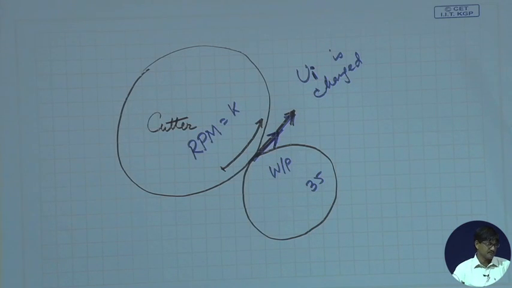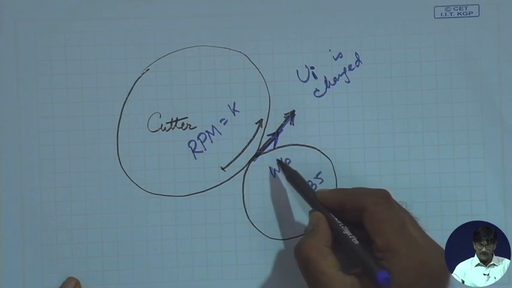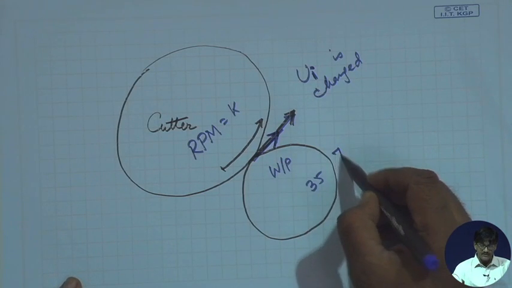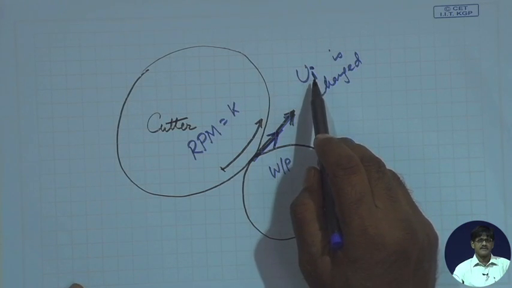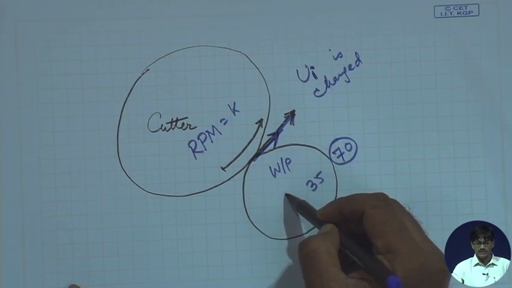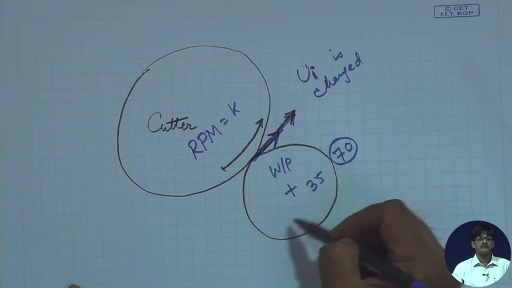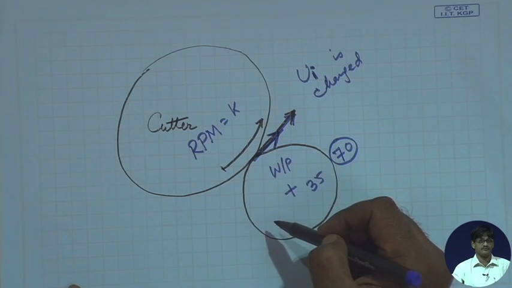So, how to solve this problem? The solution to this problem is this, that when you are going for a 70 tooth gear, you are surely changing UI, and that is surely going to reduce the RPM of the workpiece to half of its value.